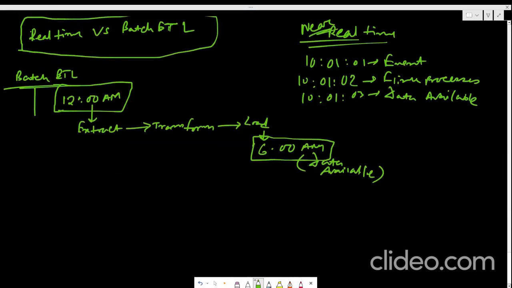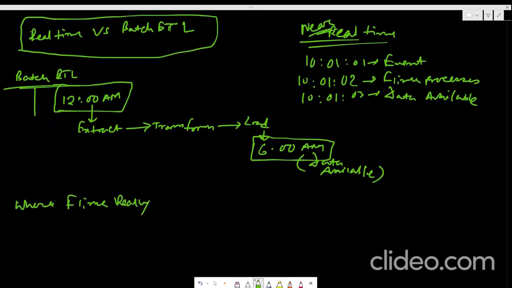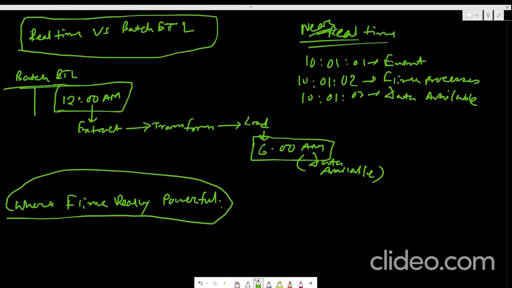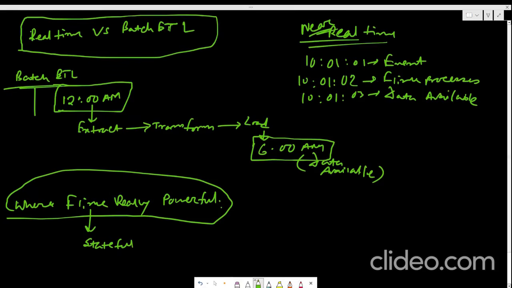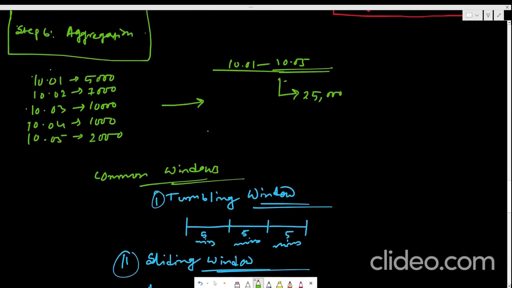Now we'll see where Flink is really powerful. The major advantage is that Flink is mainly stateful. I gave you an example for the aggregation part: at 10:01, suppose 5,000 in sales happened for a customer, then at 10:02 another.